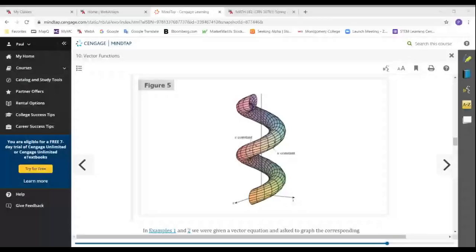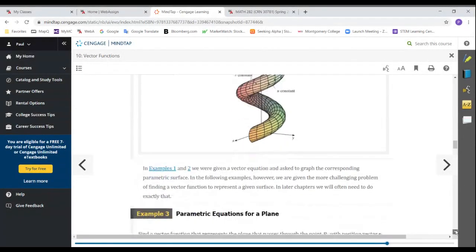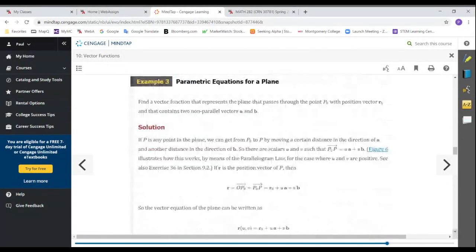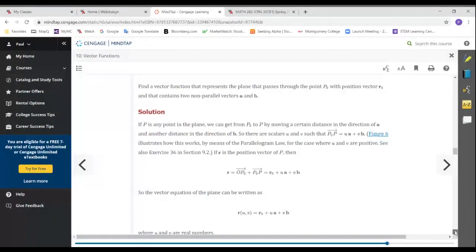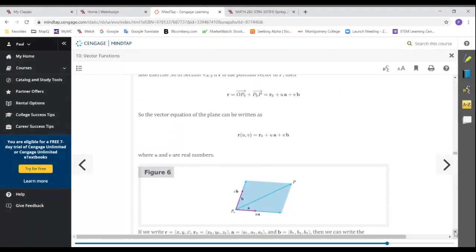But that being said, let's talk a little bit more about section 10.5. We go back to the book and continue. So, parametric equations for a plane. How do we get parametric equations for a plane? In figure 6, they have an equation of a plane.